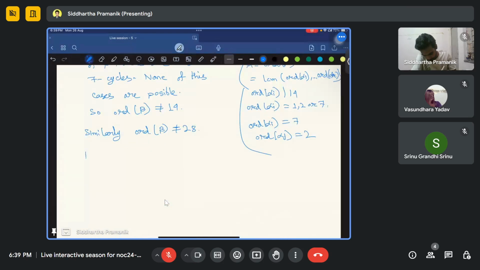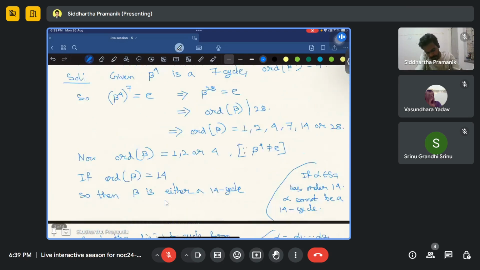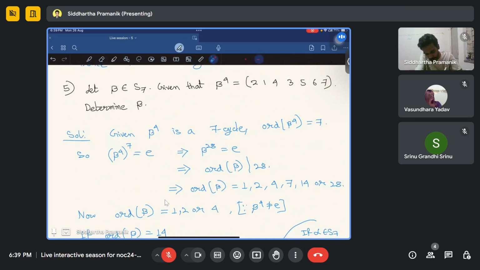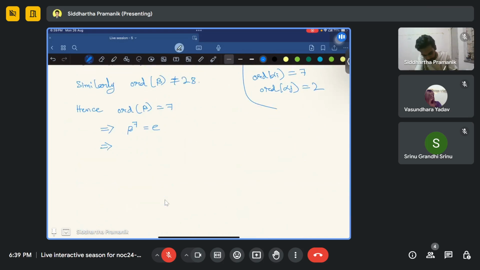Hence the order of beta is 7, right? So this implies beta power 7 is equal to identity. But our goal is to determine beta, and we have been given beta power 4. So here what we will do is multiply by beta on both sides.